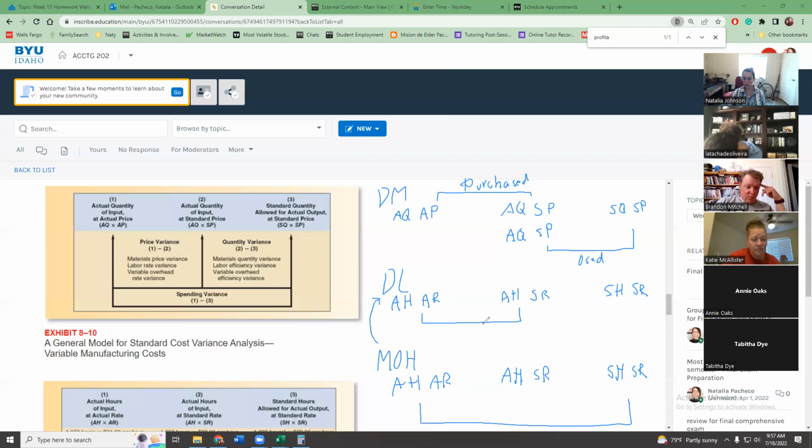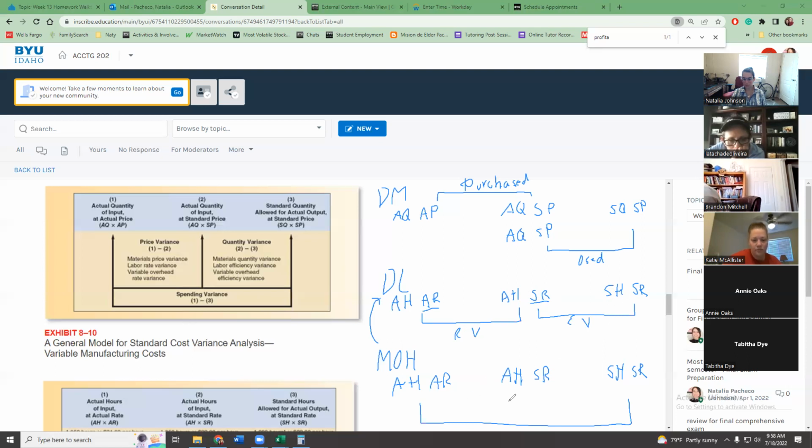Yeah. Actually, this is the rate variance, because we're comparing actual rate and standard rate, so rate variance. And then this one is the labor or efficiency variance because we're comparing the hours.